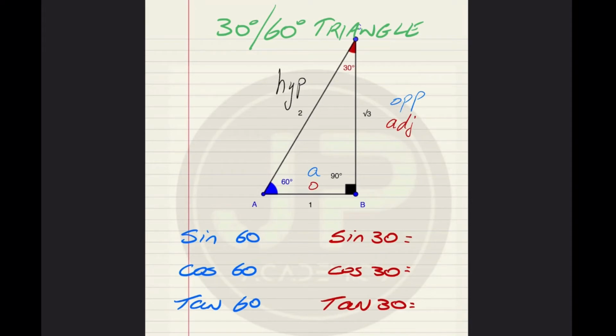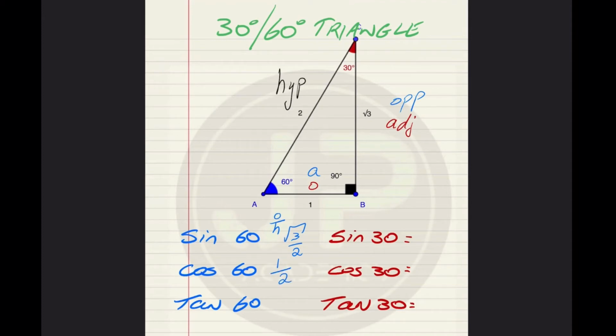So sine of 60, we know that sine of 60 is going to be O over H. So we're looking for the blue O, which is root 3, and the H is going to be 2. So sine 60 is root 3 over 2. Cos 60 means that we're going to look for the blue A, so the blue adjacent, which is 1. And it's going to be over the hypotenuse, which again is the same for all of these angles, which is going to be 2.